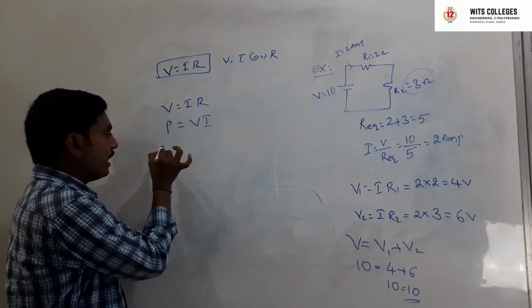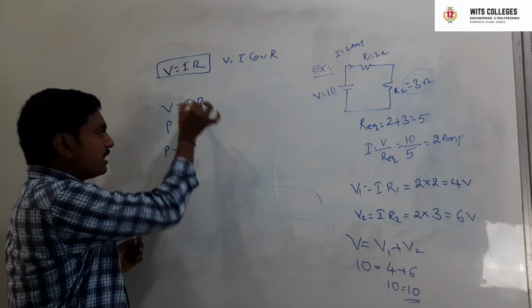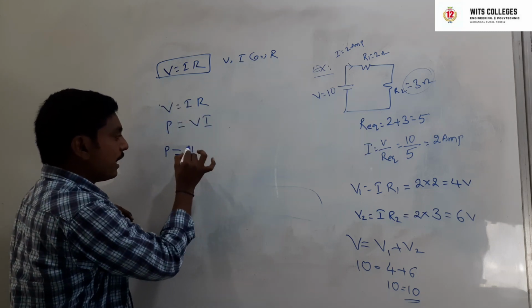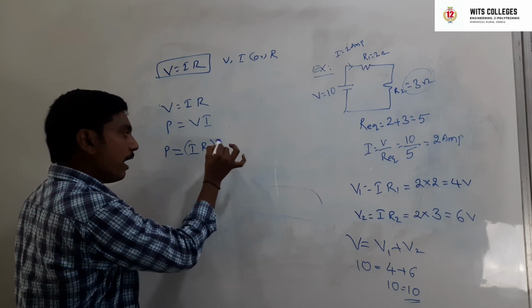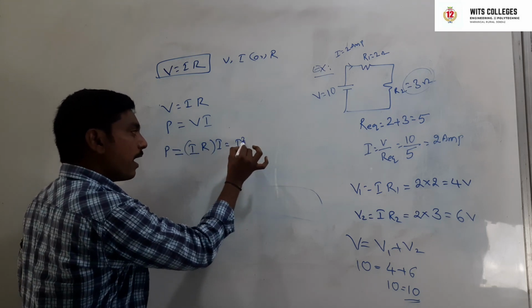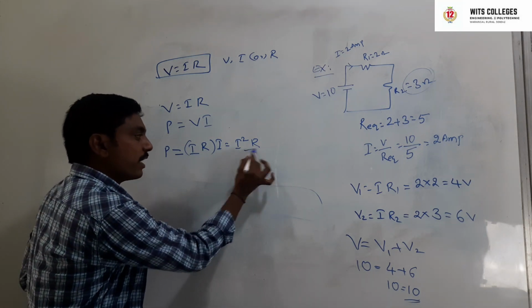By using this equation, power we can write in two ways. By substituting V in this equation, we will get I into R into I, that is equal to I square into R. That means power in terms of current.